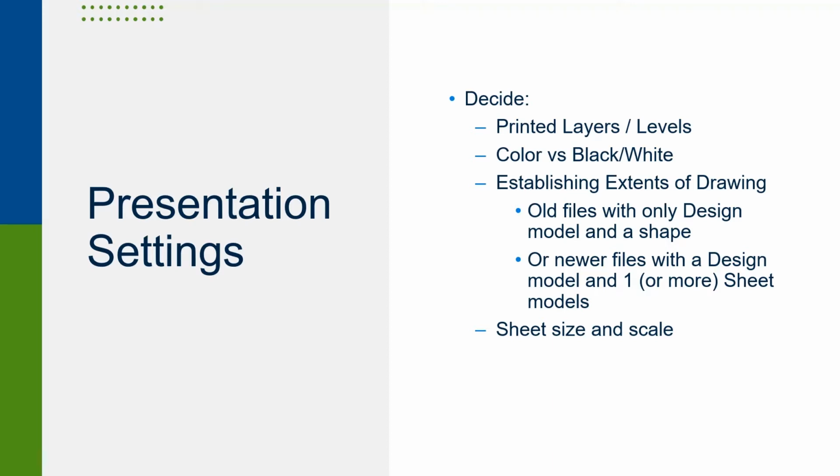For example, perhaps you're looking for a shape, a cell, or you're using some of the newer plotting technology, using a sheet or a paper space, sheet models, however you want to call it. But that is all at your fingertips. And once again, you'll also decide what the paper size and scale will be when plotting your particular data.